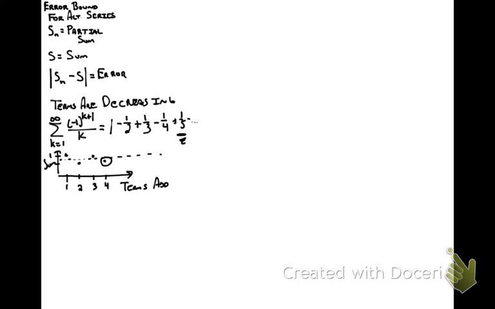So the general rule is that the difference between our estimated sum and the actual sum of an alternating series has to be less than or equal to the term after the one we stopped at.